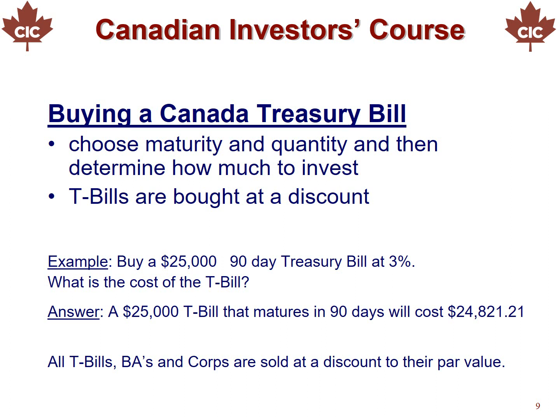Well, a $25,000 T-bill that matures in 90 days will cost $24,821.21, which anticipates the 3% annual interest that you'll receive on that bill. All T-bills, bankers' acceptance, and corporate debentures are sold at a discount to their par value. So they're sold at a discount, they mature at par.